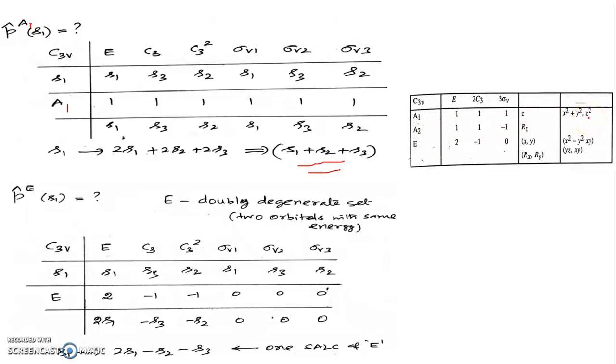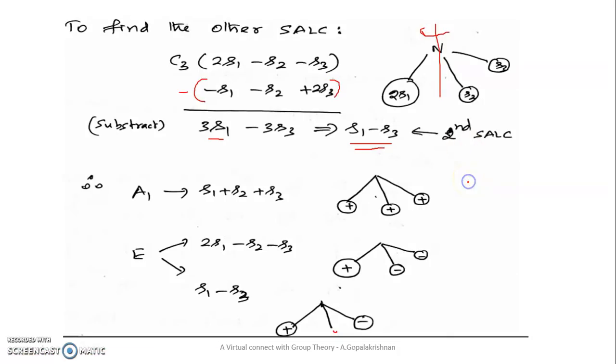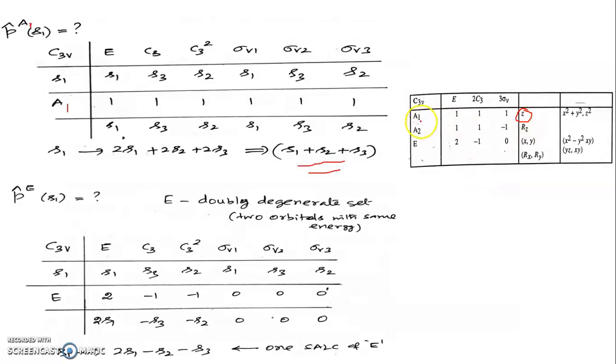Okay, but the central atom here is nitrogen. Nitrogen does not contain d orbital in the valence shell, so you need not consider this orbital. But A1 is totally symmetric, so we should consider s orbital here.